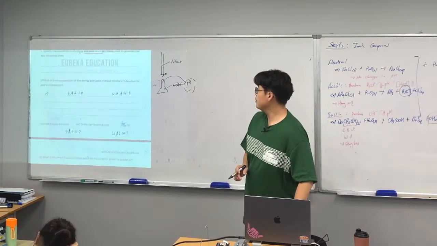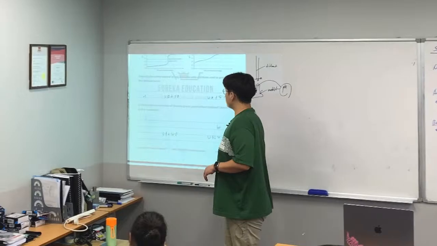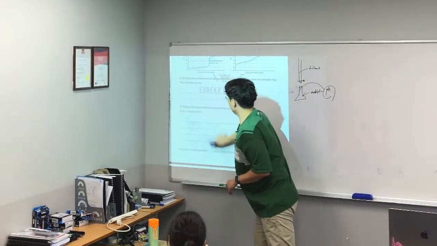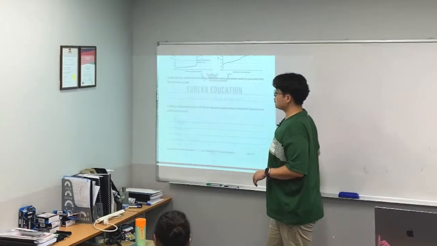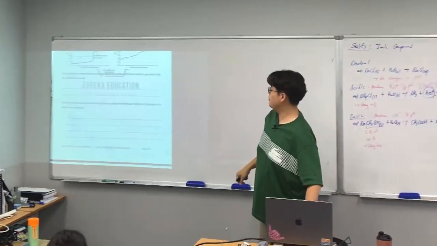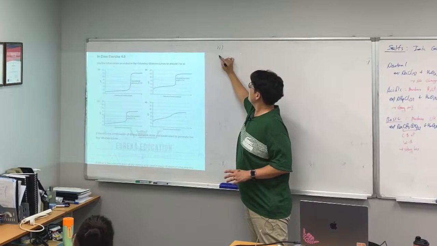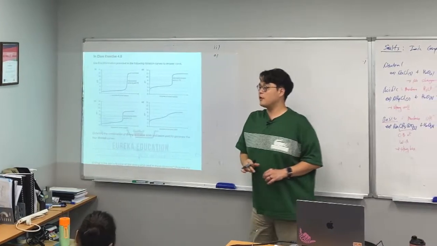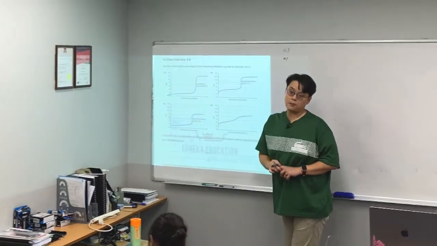Okay, 2. What is the concentration of the strong acid used in these titrations? Assume that they are all monoprotic. How do you find the concentration? Let's go for question 2A. What you have to start from is the initial pH.